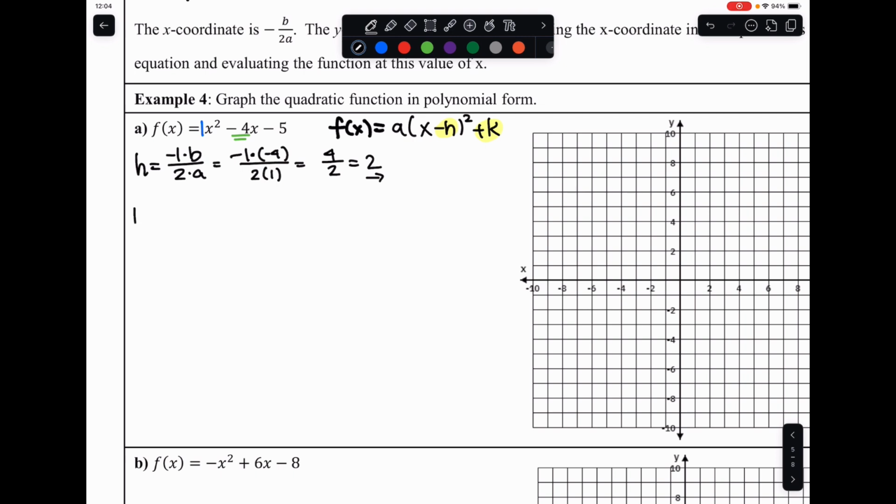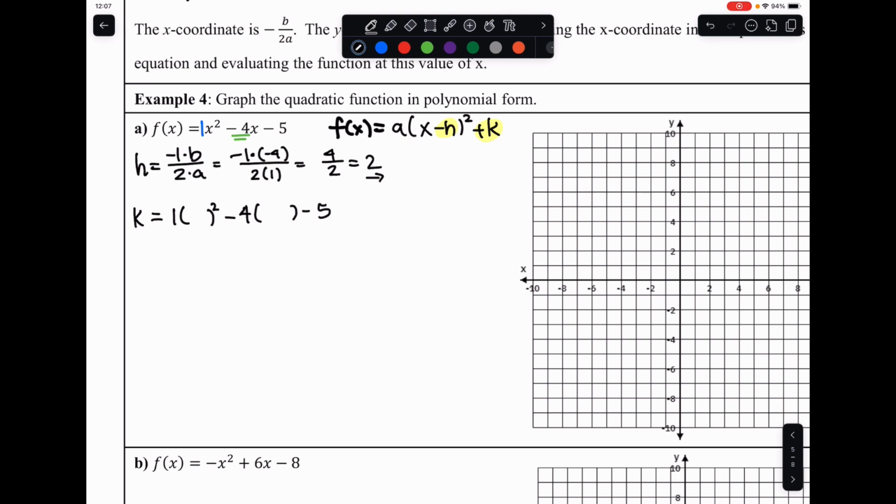Now to figure out the vertical shift, k, all we're going to do is replace the x values. So we have 1 times x to the second power minus 4 times x minus 5. To find the value of k, we're going to substitute this number 2 into the equation.